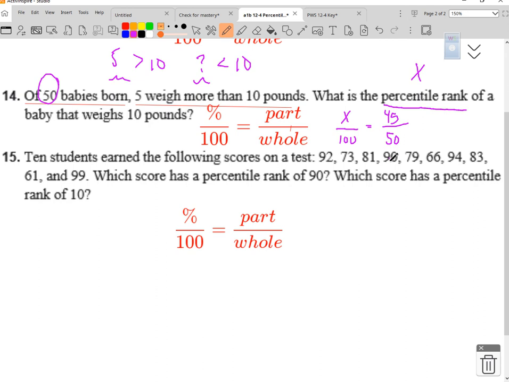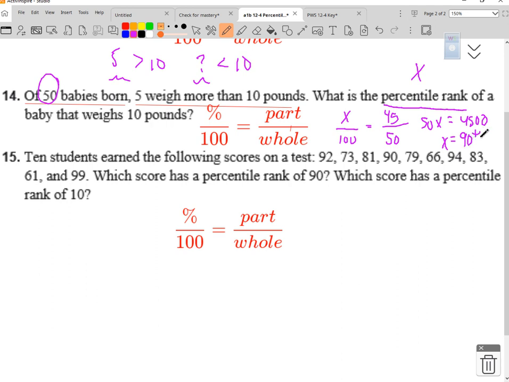Cross multiply, that would be 50x, right? Yeah. 50x equals 4,500. Yeah. And when you divide by 50, you're going to get 90.